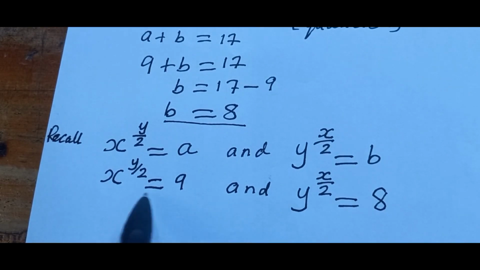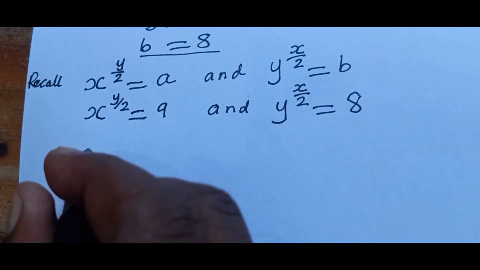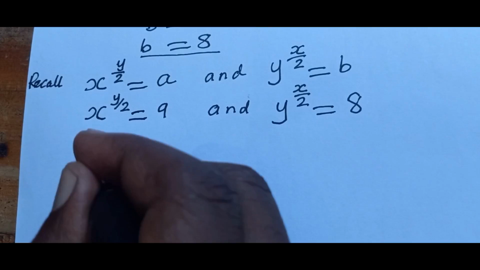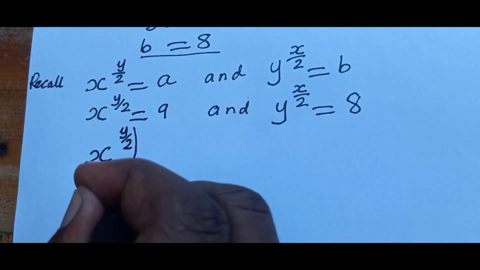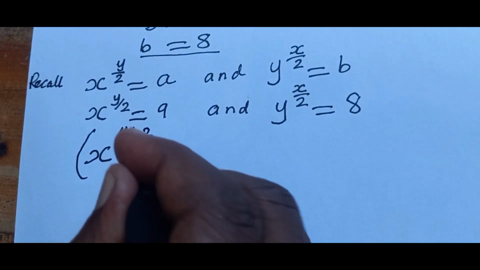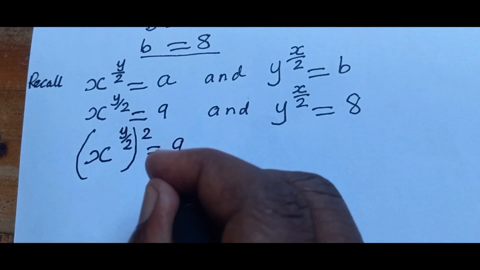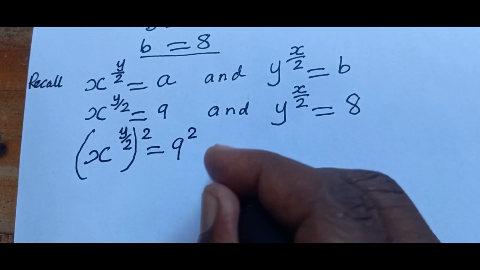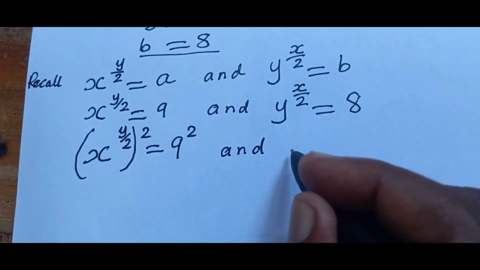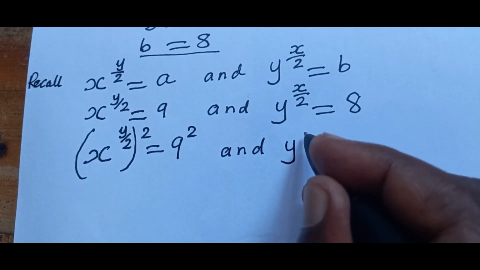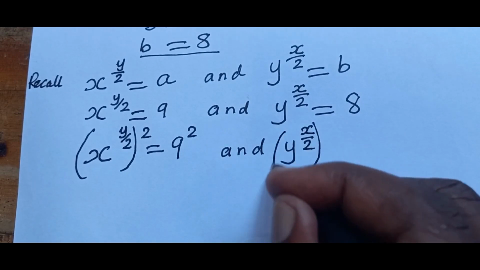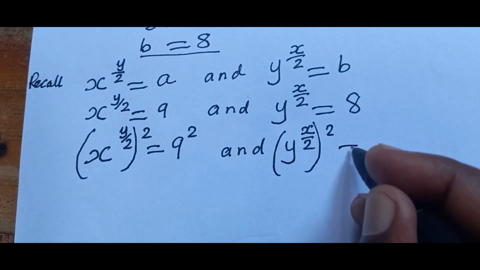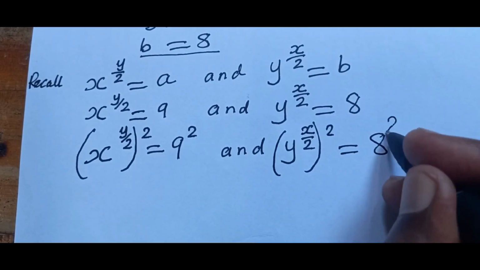Okay, square both sides. We square both sides, we want to remove these 2. So we have x raised to y over 2 in the bracket raised to power 2 equals to 9 raised to power 2, and y raised to power x over 2 in the bracket power 2 equals to 8 power 2.